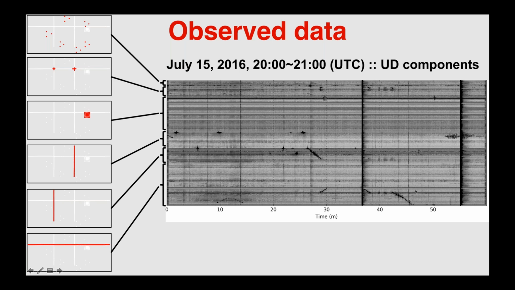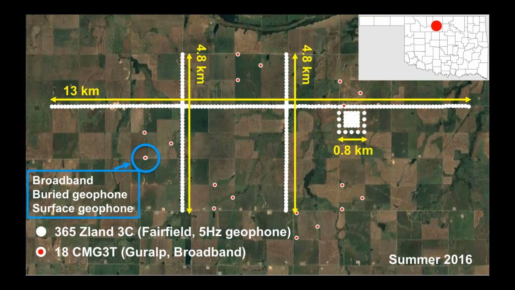To check the data quality, first look at the observed data in the power spectrum. There's one very interesting location of the sensors, inside of this blue circle. There are 3 different types of sensors deployed: broadband sensor, buried geophones, and surface geophones at the same locations. So we can check the data quality by using these sensors.